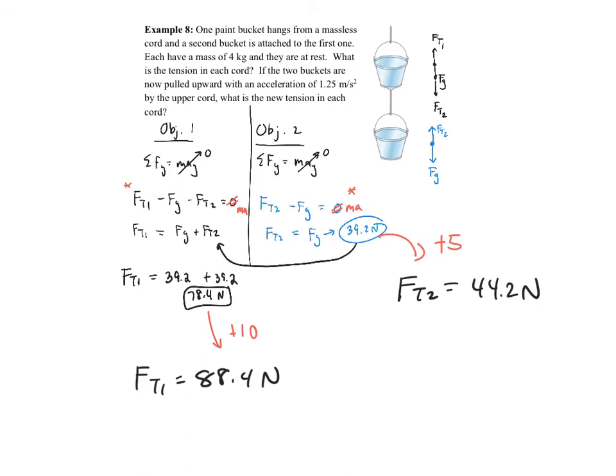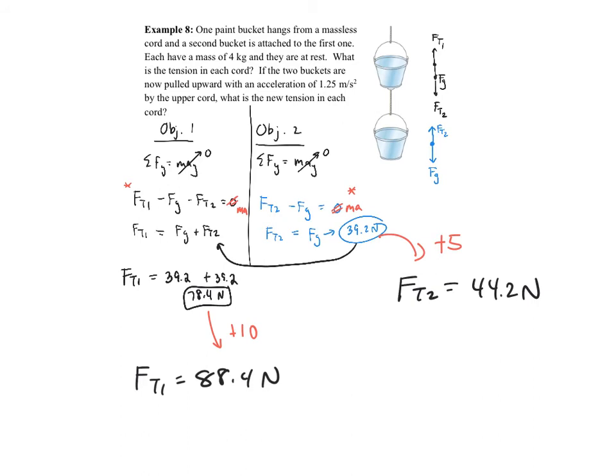Yeah, very good. It's both buckets now. The upper tension supports not only the first bucket, but also the second. So the acceleration felt by both buckets is a 5 and a 5, like Jack is saying, because really, they're both now moving up at 1.25, and that upper cord, which is FT1, carries both buckets. So its tension goes up not by 5, but by 10 instead.